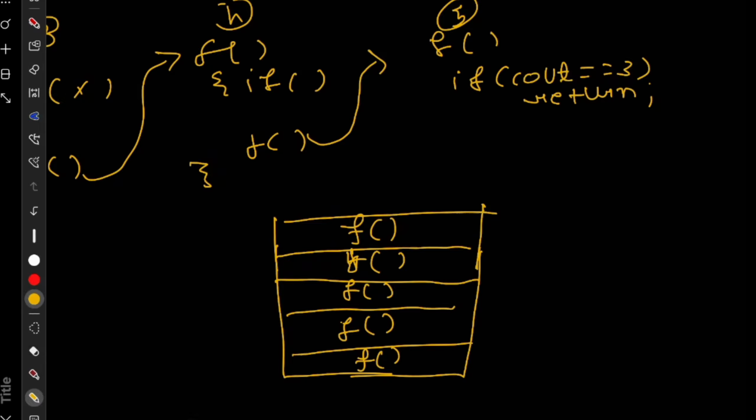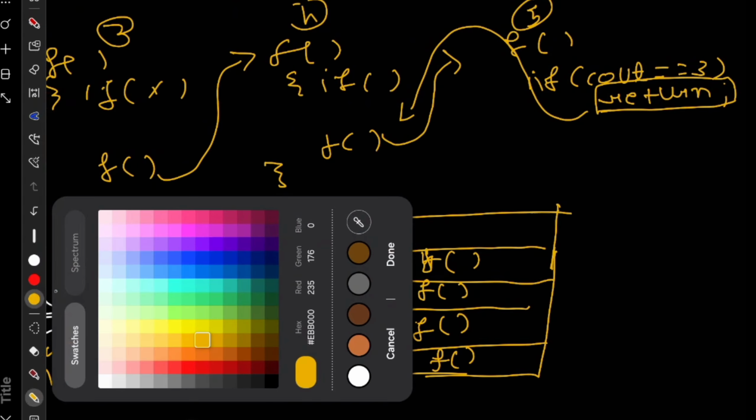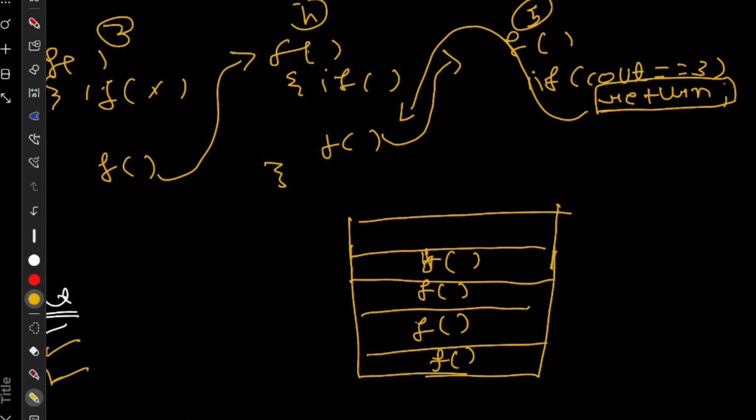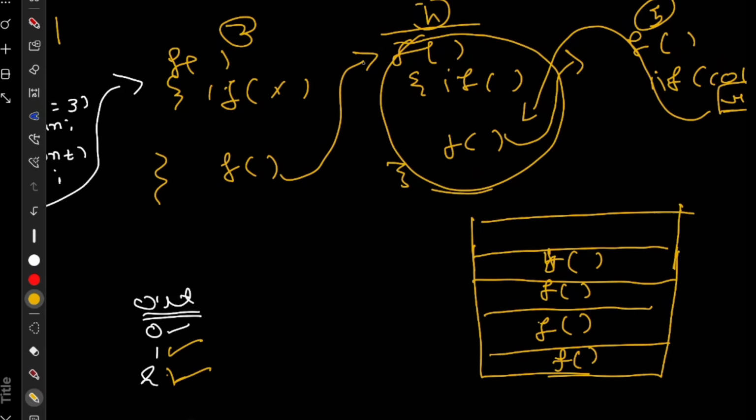In the fifth time, when the function completes, it will return, means it comes back to the fourth time call of the function, means from the memory this function will be removed. Same way, this function is completed, so the fourth time called function comes here, then the third time called function, and this function moves from the memory.